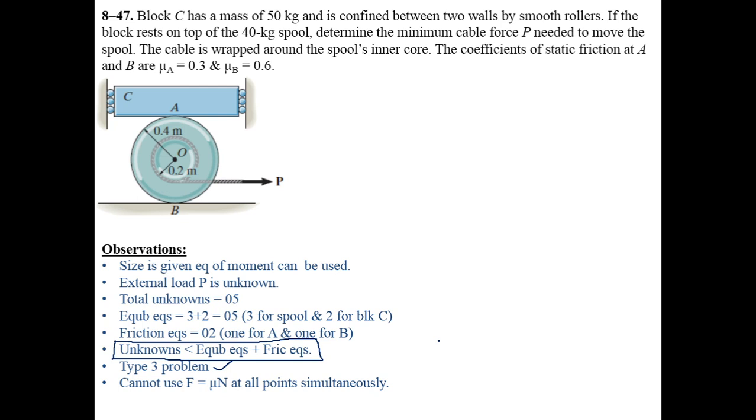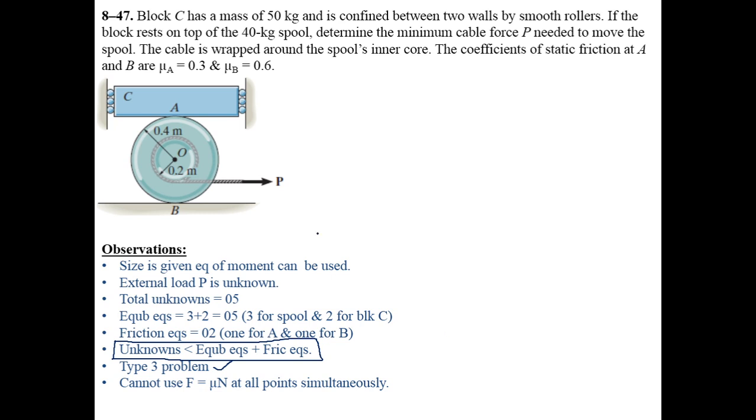But then soon we realized that it is not a type 2 problem, because it started to give us unrealistic results. It gave us the value of friction at A to be 0, normal reaction to be 0, which is not possible. So we immediately ruled out the possibility of this problem being a type 2 problem, and we studied the strategies of type 3 problem, which suits this problem well.